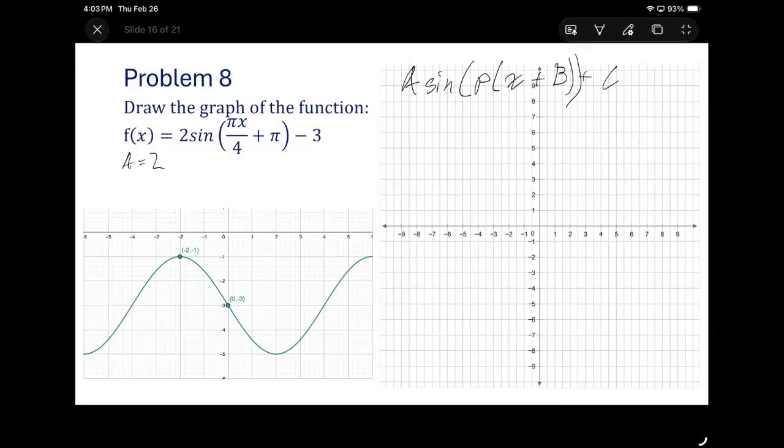Our phase shift, what would we have to do to find the phase shift? 2 pi over b. So our b is pi. 2 pi over pi. So our phase shift is 2.